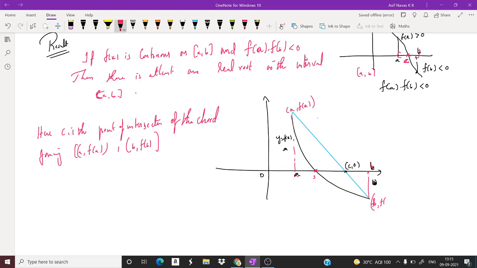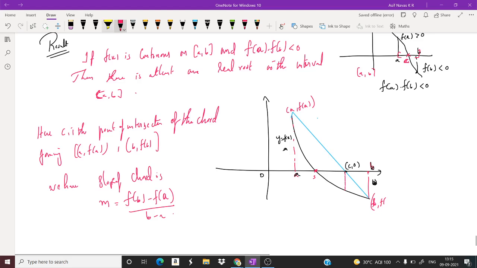Now we have the slope of this chord, we know that this is m equal to f of b minus f of a divided by b minus a. So this length minus this length.